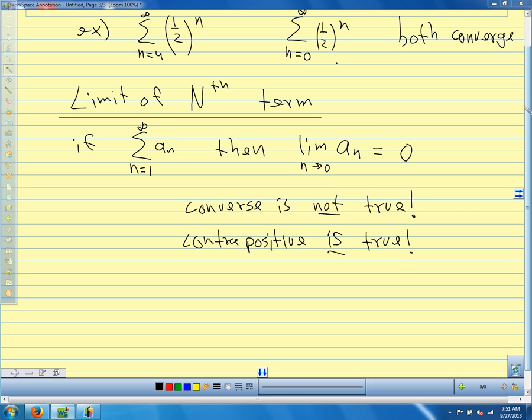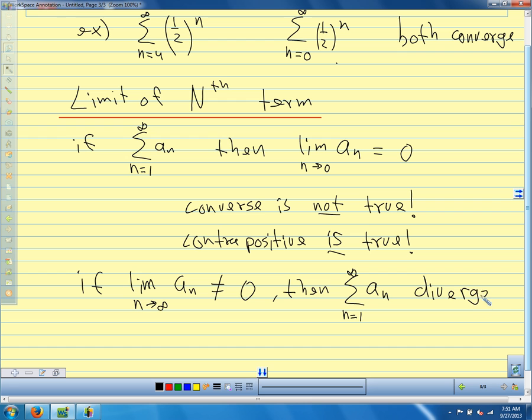So the contrapositive is, if we turn it around and we put a not in front of everything: if the limit as n approaches infinity of a sub n is not equal to 0, then our series diverges.